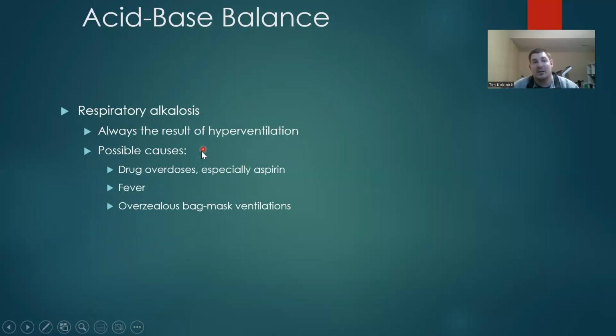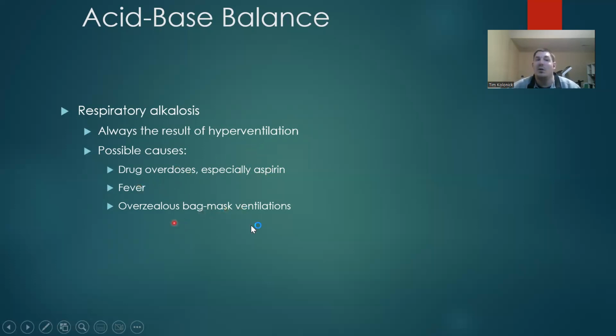Alkalosis, respiratory alkalosis, is from hyperventilation. So if they're breathing too fast, okay, we're going to become basic, right? So breathing too fast, you're going to see things like certain drug overdoses like aspirin or uppers might cause you to breathe a little fast.